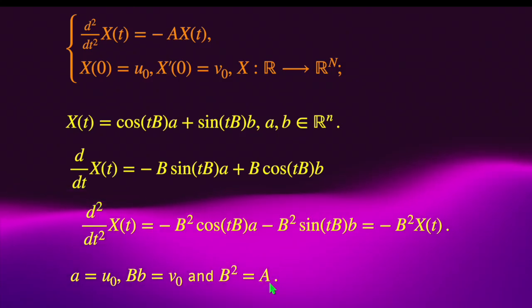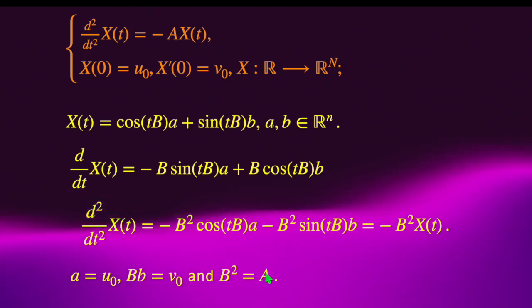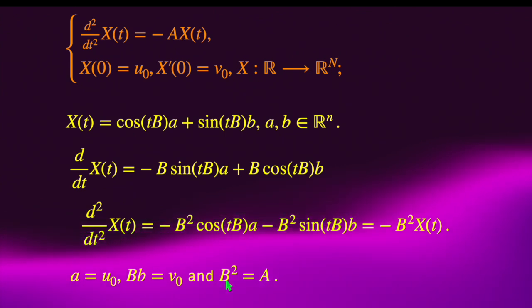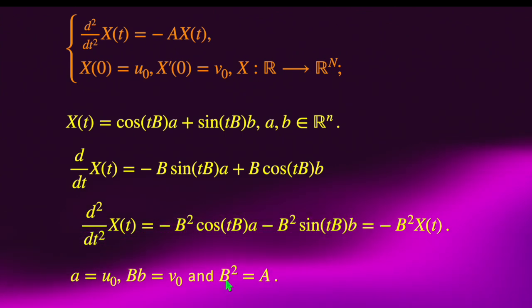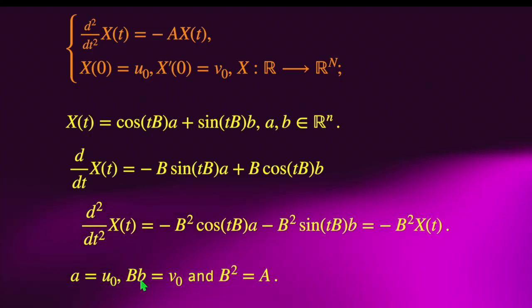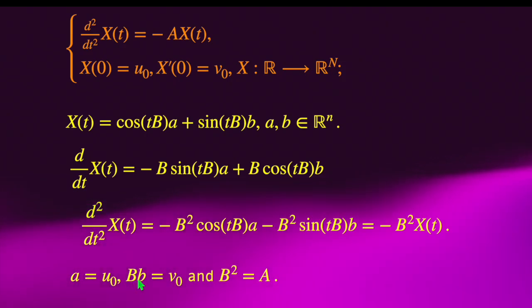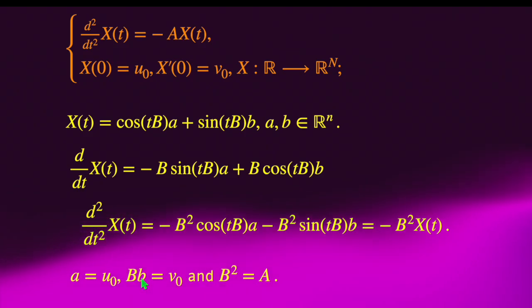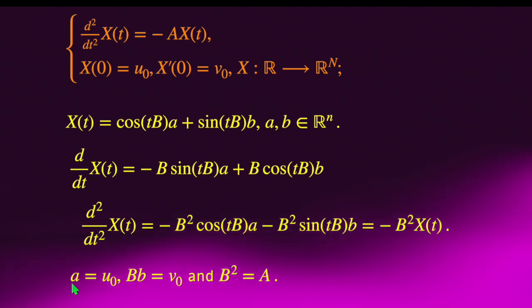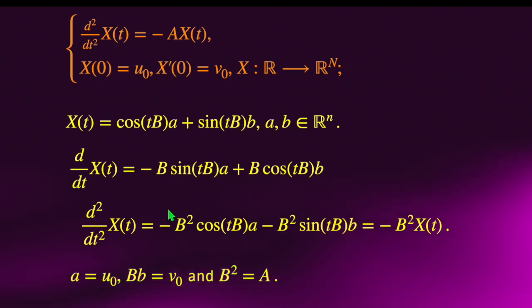For instance, if A is symmetric, a symmetric matrix always has a square root, so we can take B the square root of A. And now for this condition, for instance, if capital B is invertible, we can take b equal to the inverse of B times v naught. So in many cases we can find this solution, and here we have done.